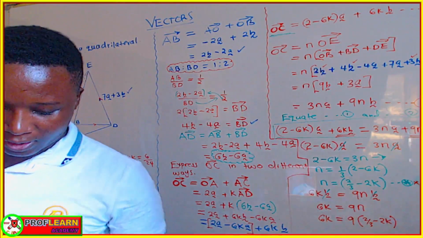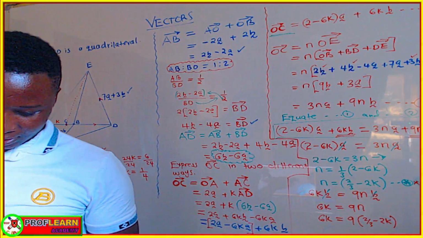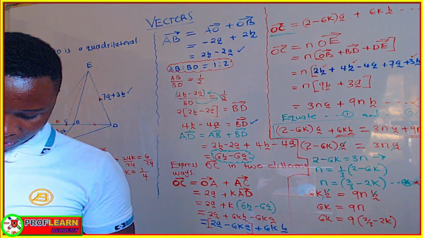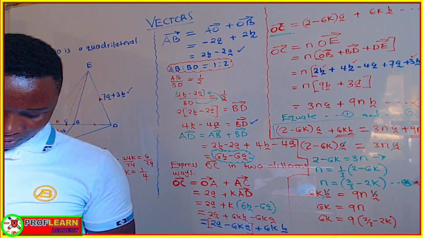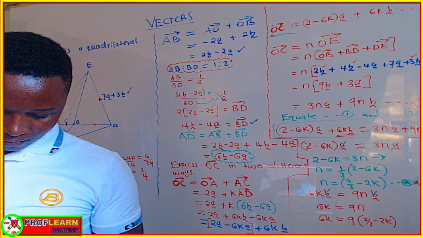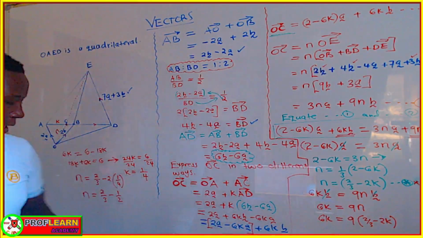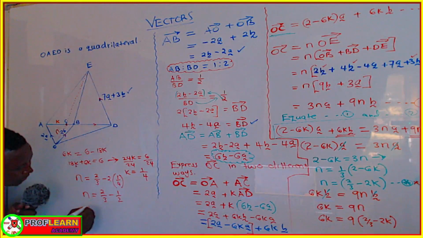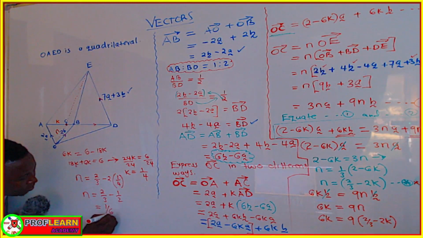If we use our calculator to subtract that, 2 over 3 minus 1 over 2 is actually 1 over 6.